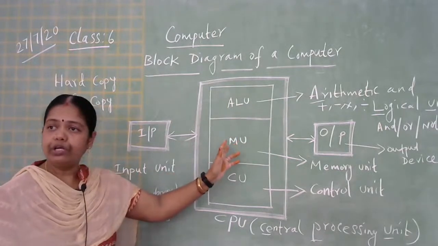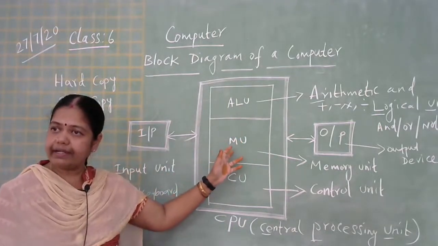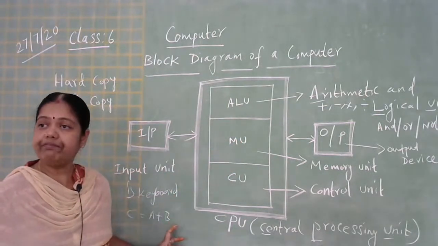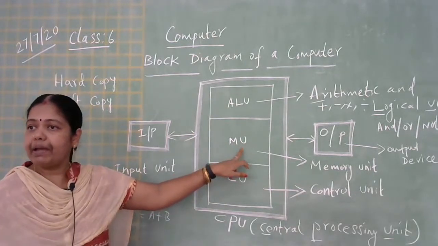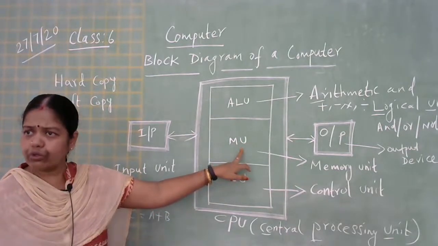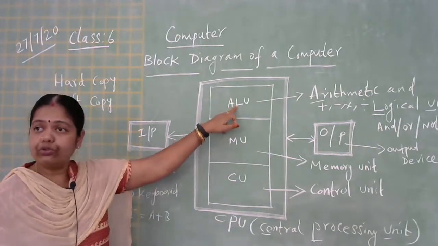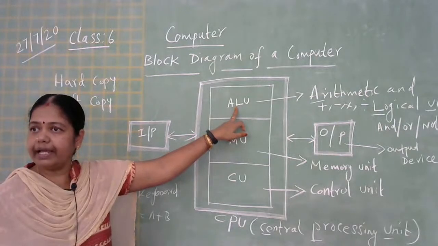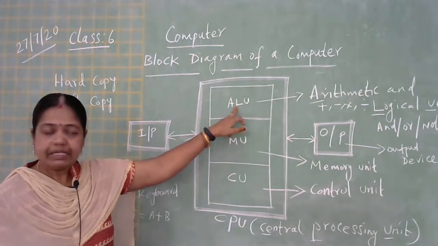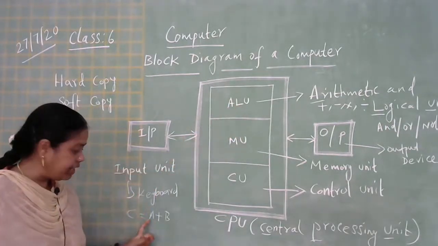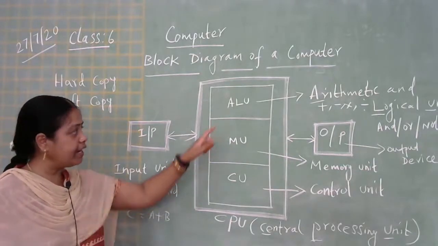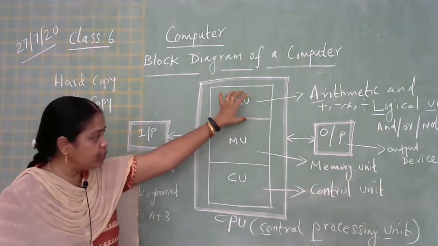In the CPU, initially you store the A and B values in the memory unit. After storing A and B values, now you can do the calculation in the ALU. The operation A plus B we can do under the ALU unit.